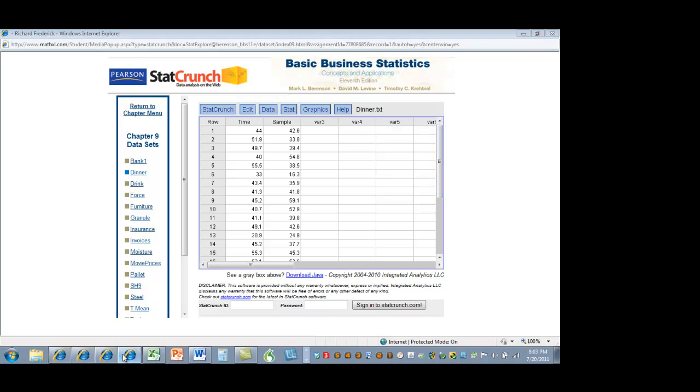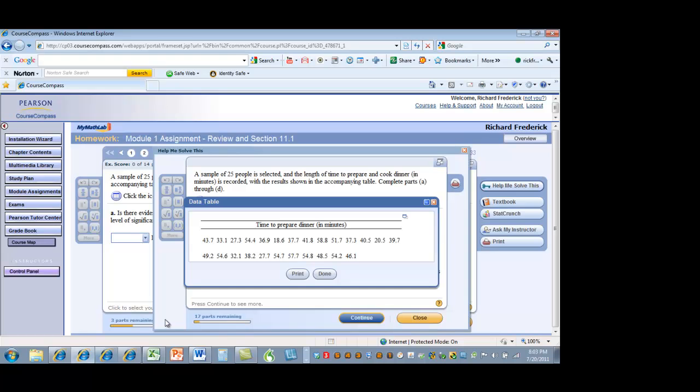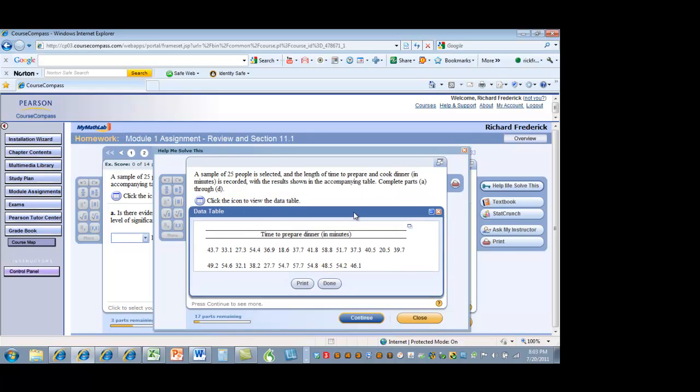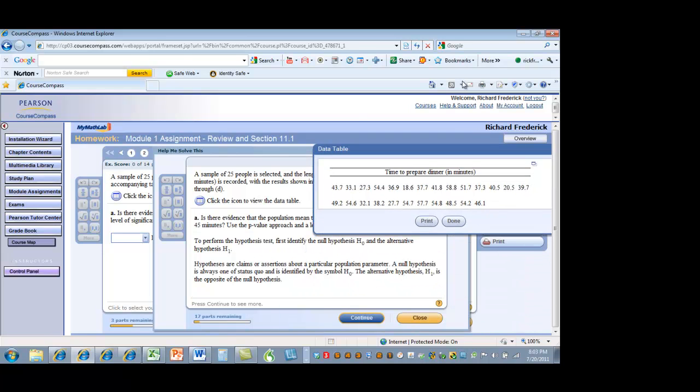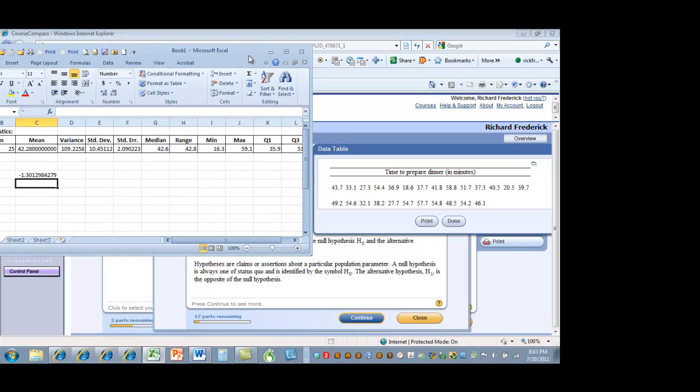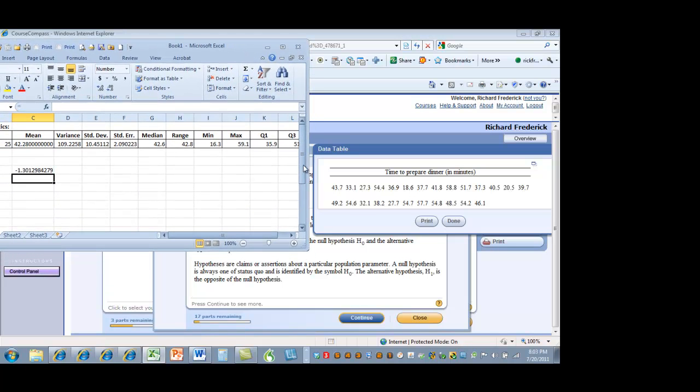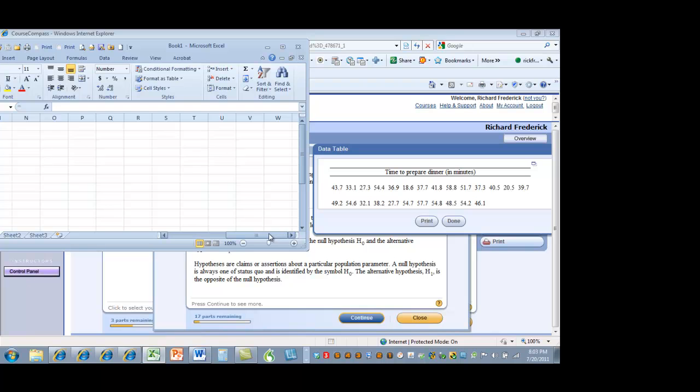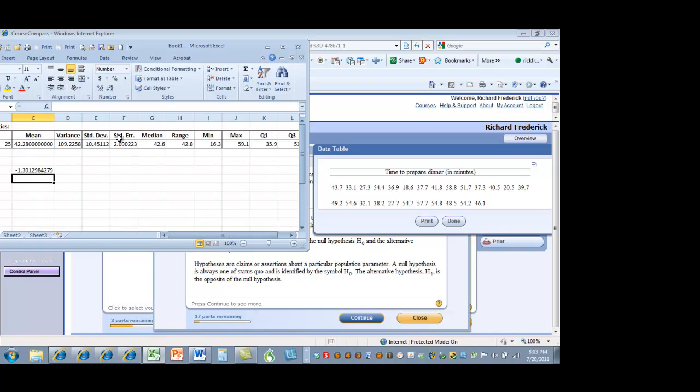I'd already worked this problem out. And typed in the data. I'm just going to type them in here into an Excel file. There were the old results that I'd already gotten for this, but let me just show you how I do it. Let's get a new sheet here.